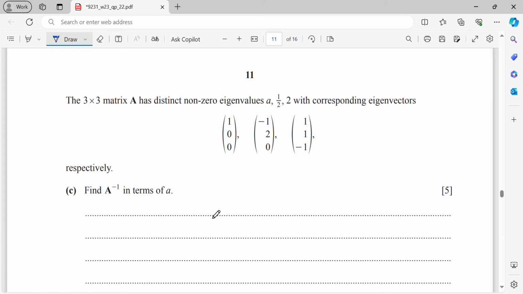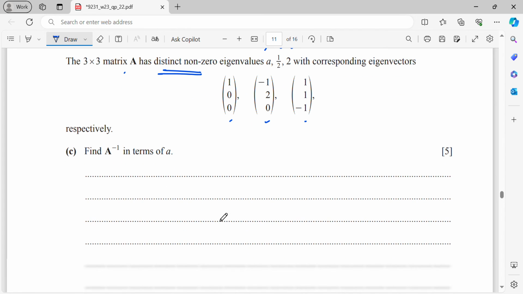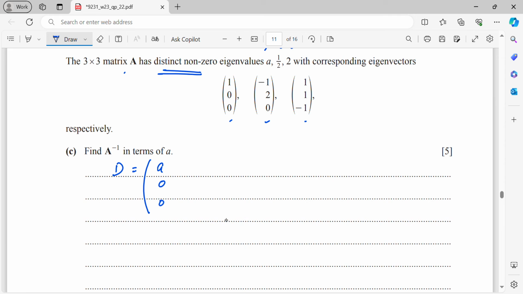Okay, now part C. The 3 times 3 matrix A has distinct non-zero eigenvalues a, half, 2 with the corresponding eigenvectors. Find A inverse in terms of lowercase a. So given the eigenvalues, I can just write my matrix D as diagonal a, half, 2, corresponding to the matrix P. My P consists of all the eigenvectors in this order, right?